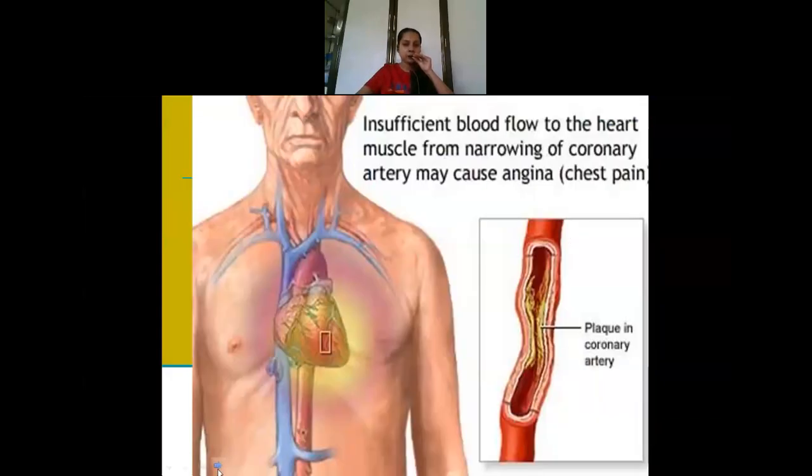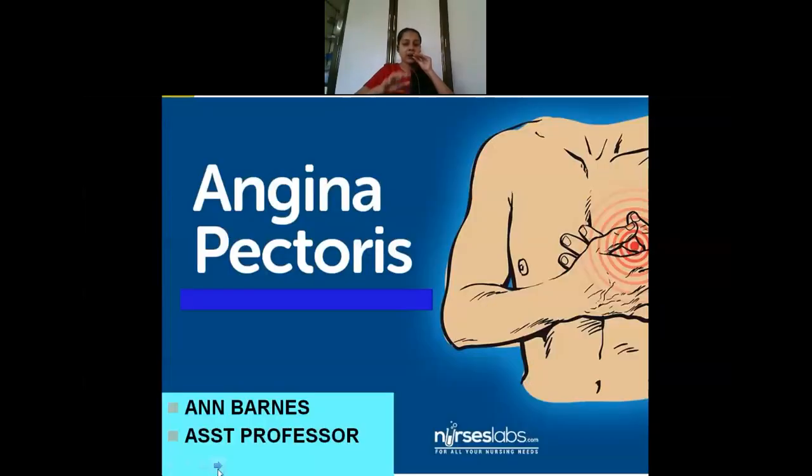Now, one main difference you may get confused about is what is angina and what is MI. Angina pectoris is because of ischemia, that is decreased blood flow and decreased oxygenation to the heart. But myocardial infarction, or MI, or heart attack, is because of complete necrosis of any part of the heart.